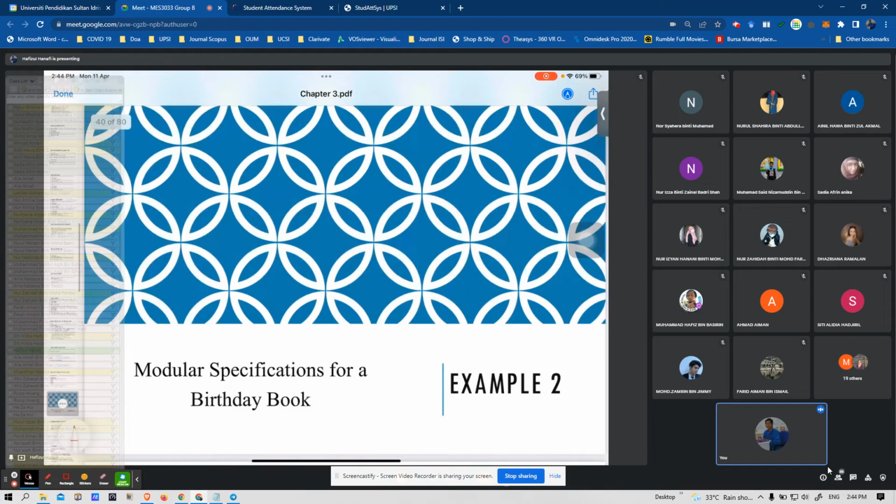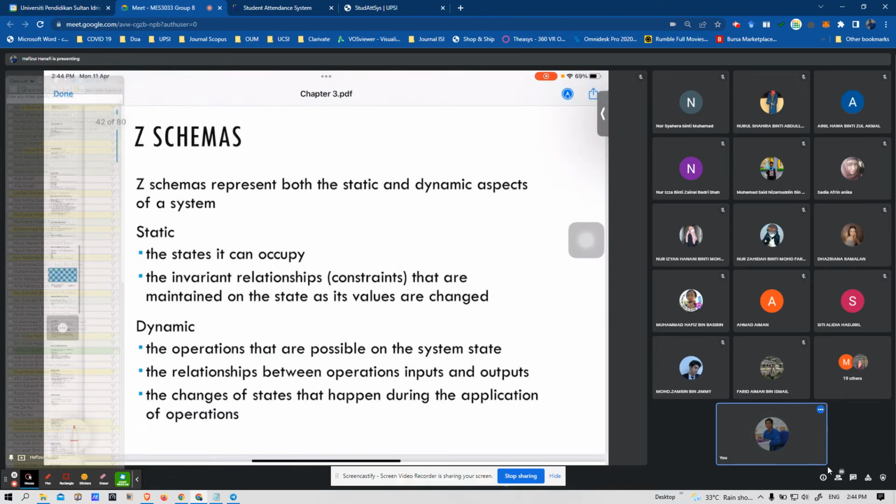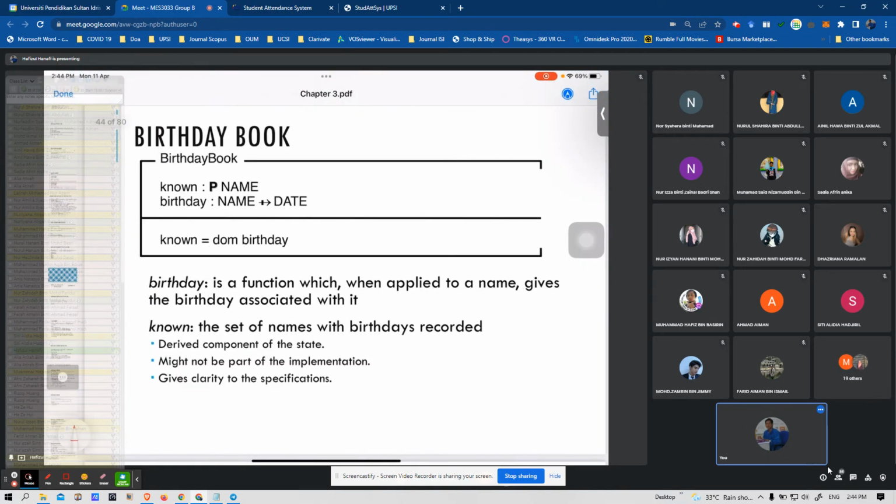This one is an example. We have a birthday book example. Okay, this one, birthday book. We have known. Name, birthday: name is partial to date, which means that some of the names don't have a date. And then we have known as the domain of birthday.